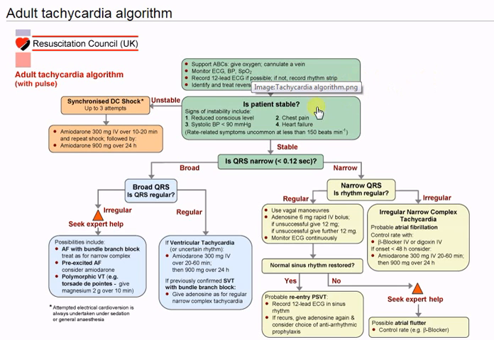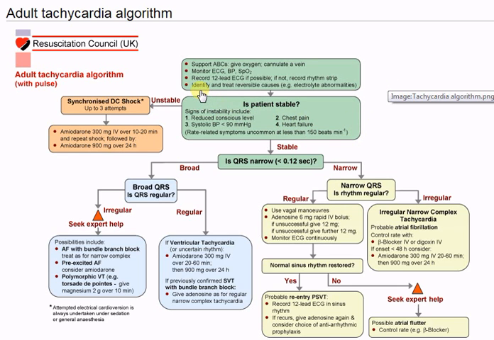And the second thing you need to do is monitor the ECG, and test the blood pressure, the saturation, pulse, oxygen, and you can record a 12-lead ECG if possible, but it takes a lot of time, and maybe you don't need to do it.